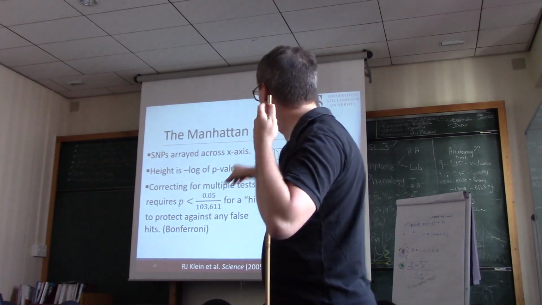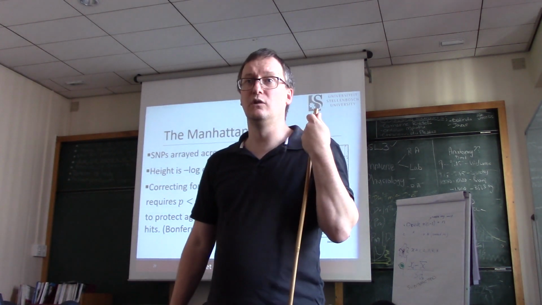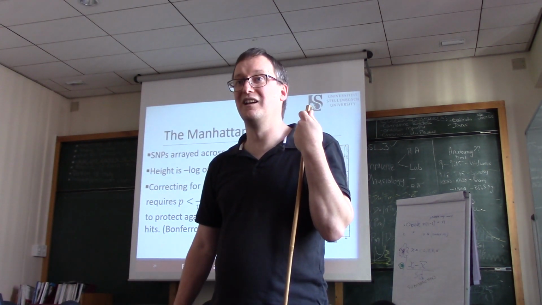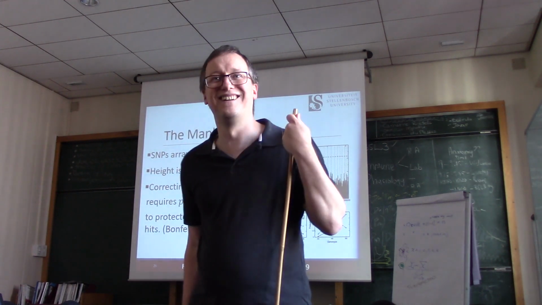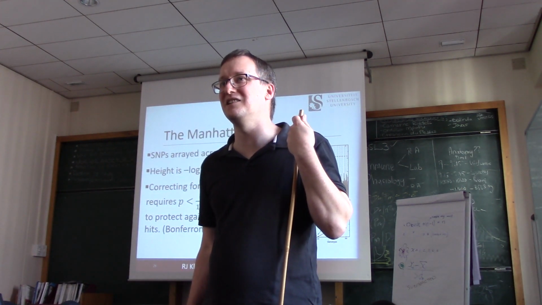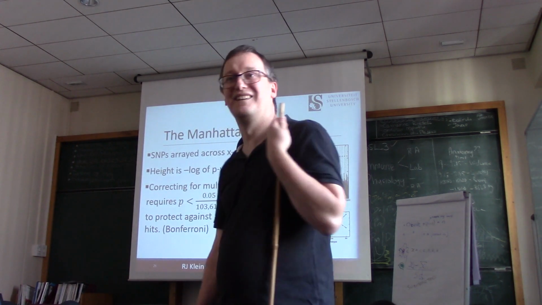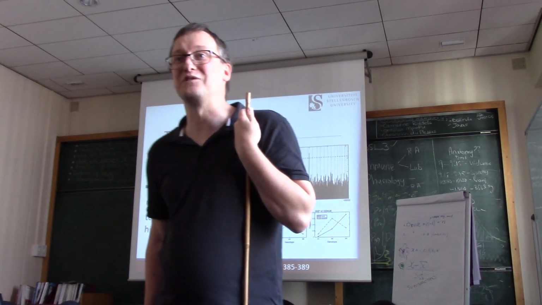So if you're testing 100,000 markers, what is that divided by 20? 100,000 divided by 20 is 5,000.